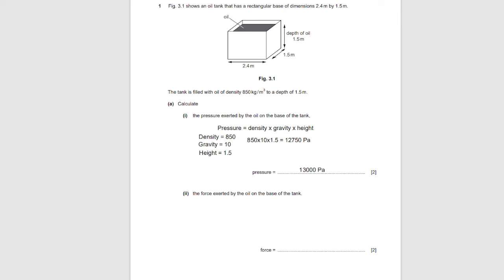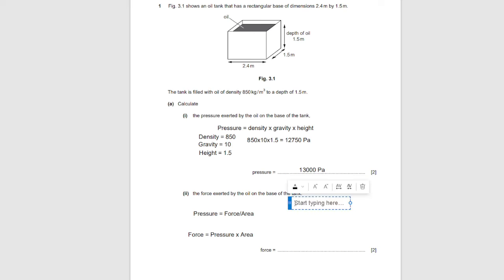So now to find the force exerted by the oil on the base of the tank, we're going to use the formula of pressure in objects, which is pressure equals force divided by area. Since we want the force, we need to rearrange the formula, making it force equals pressure times area.